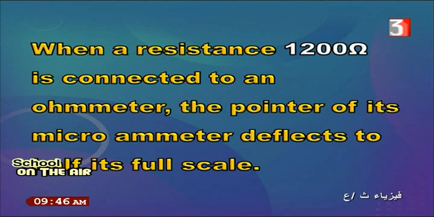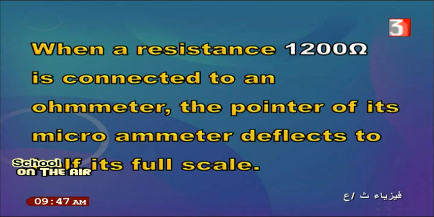When a certain resistance is connected to the ohmmeter and it shows deflection to half its full scale, know for sure that the ohmmeter has a resistance equal to the added resistance, 1200 ohm. So resistance of the ohmmeter is equal to 1200 ohm. This happens when the pointer deflects to half its full scale.